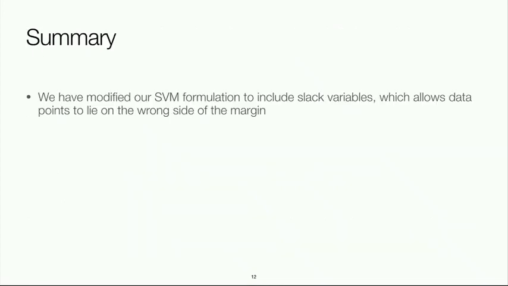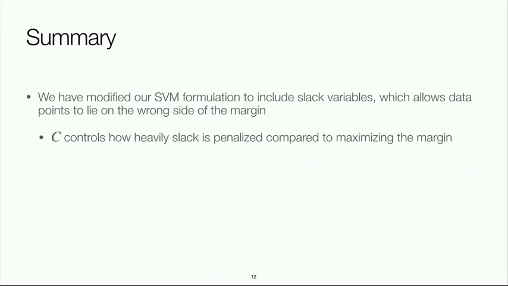We're going to end on time today because I just have a summary slide. We modified our SVM formulation to include slack variables, which allowed us to handle non-linearly separable data, because the slack variables say these data points can lie on the wrong side of the margin, or even the wrong side of the decision boundary if we really needed to. We introduced an additional hyperparameter C, which controls how heavily the slack is penalized compared to maximizing the margin.